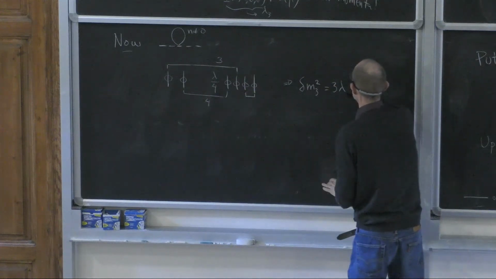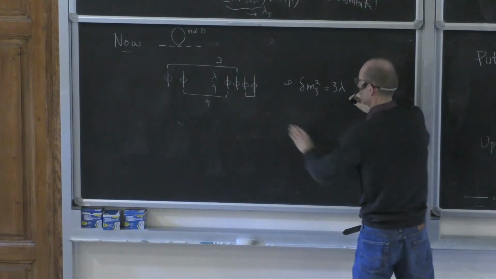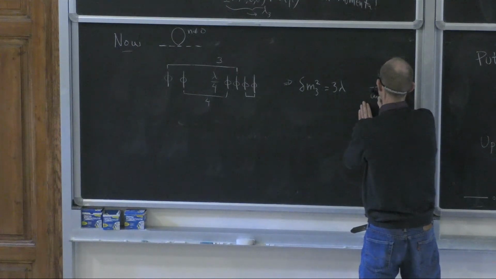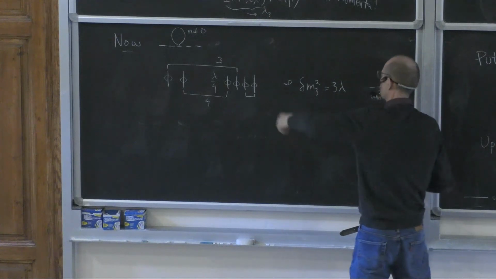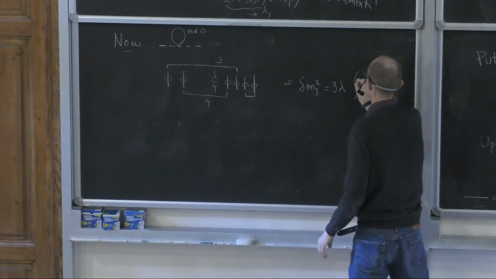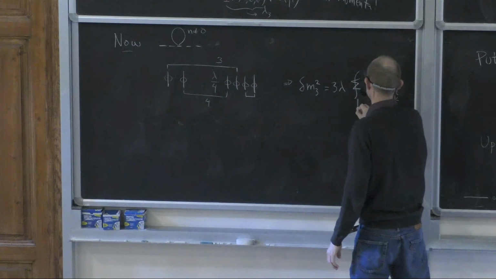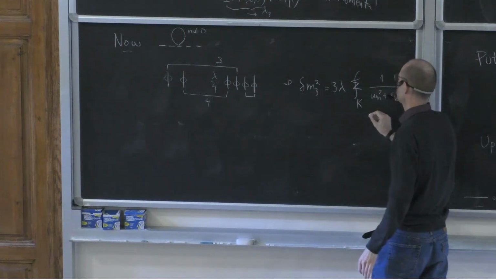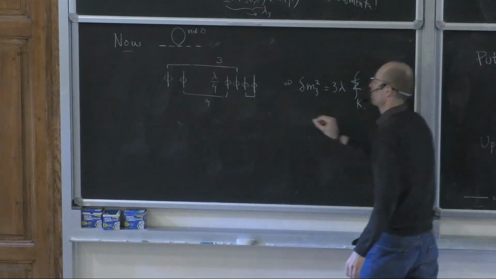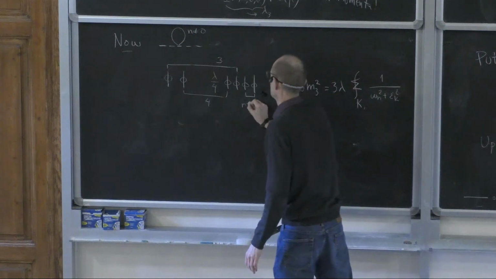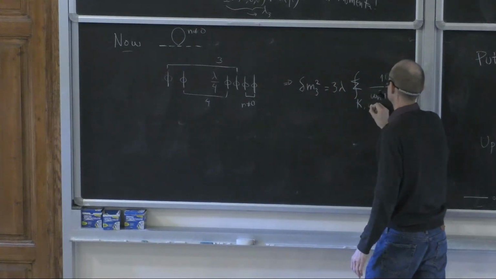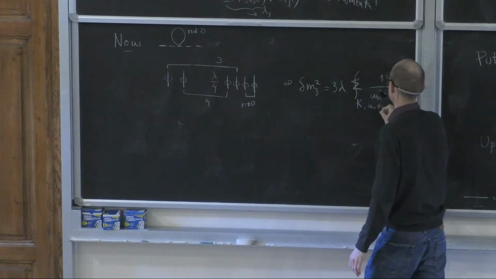The loop is exactly one propagator, and then there's an integral over the momenta. The only thing I have to watch out for is that I'm only integrating out the non-zero modes. So I have to remember it's not all of them: omega n has to be non-zero.